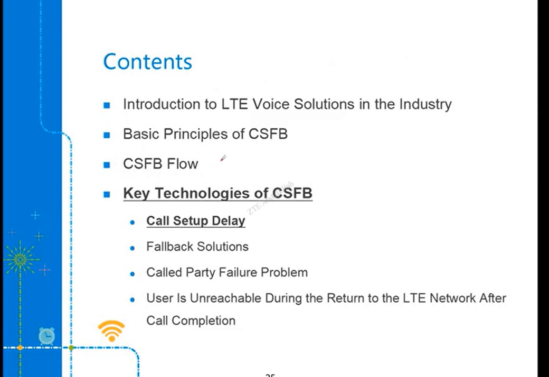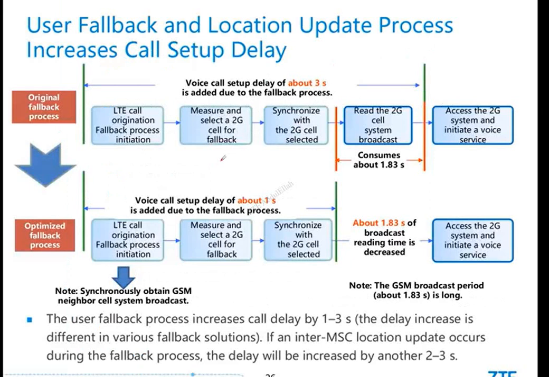There are 4 technologies we introduced. The first is the call setup delay. As we know, the user fallback and the location update process always increase call setup delay, right? So we can see the original fallback.